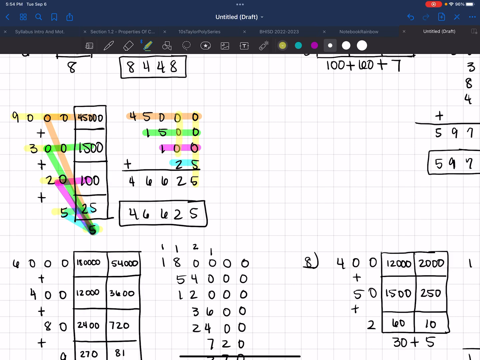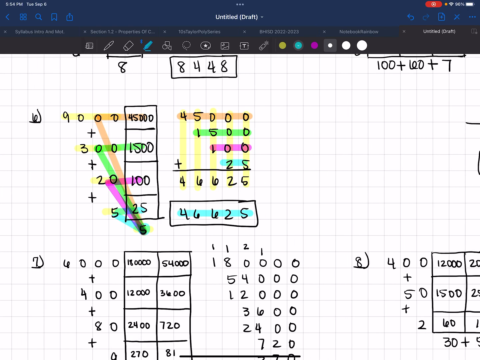Then 0 plus 0 plus 0 plus 2 gives me 2. 0 plus 5 plus 1 gives me 6. 5 plus 1 gives me 6. And then 4 just comes down because there's nothing to add to it, which will give me the answer of 46,625. Okay, and that is problem number 6.